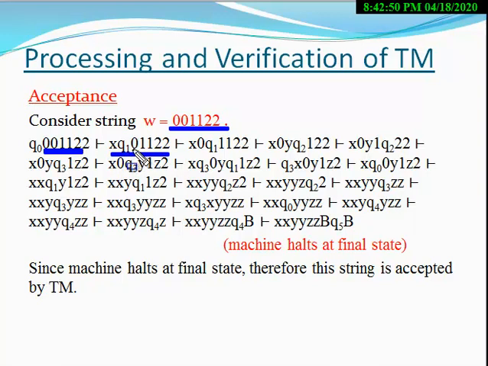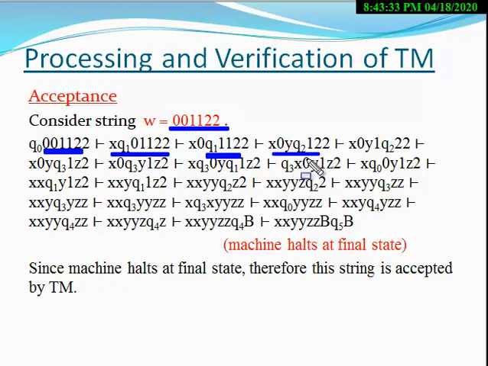Similarly, when at state Q1 the tape symbol 0 appears, the machine only moves in the right direction. This process continues till the first 1 appears. Now 1 is replaced by Y and Q1 changes to Q2, and the head moves to the right. Now the next ID becomes this.